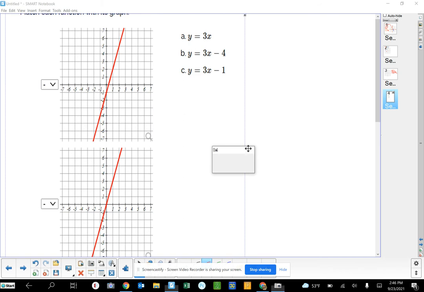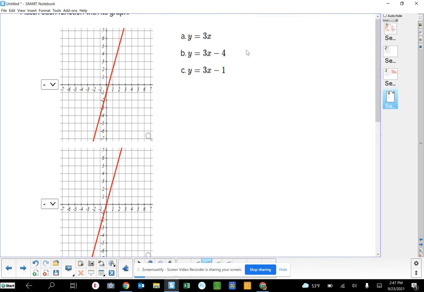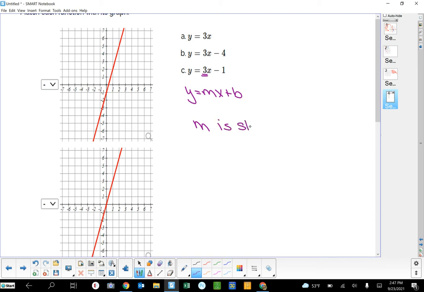Okay, so do you recall when we were talking about graphing, let's lock this on here, that when these are in the form y = mx + b, I don't know if you remember, but the m is the slope and the b is the y-intercept.